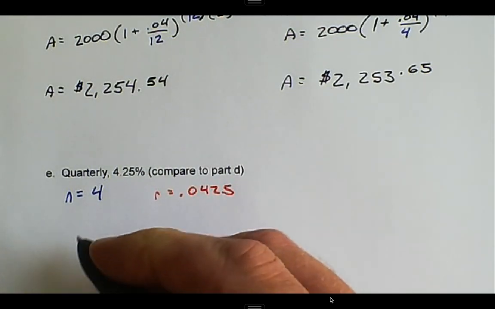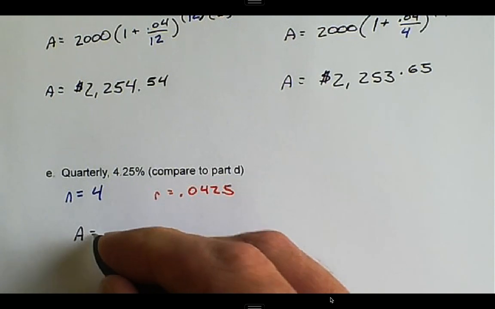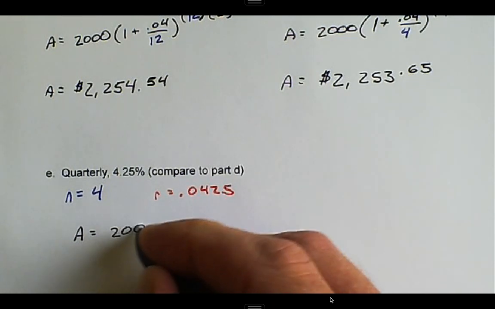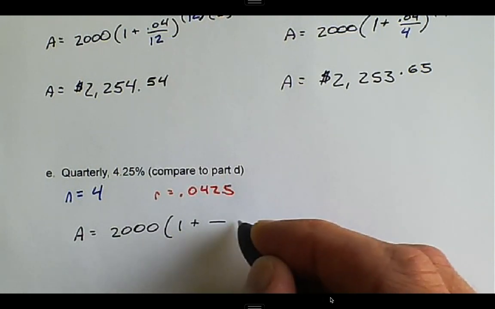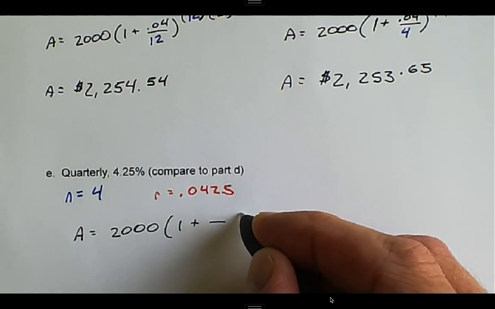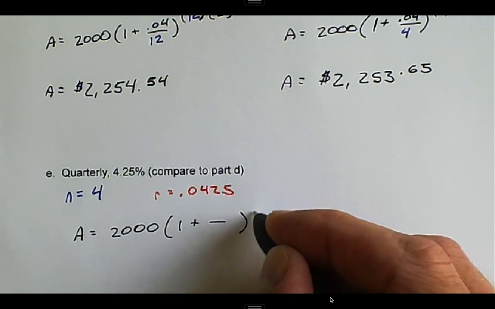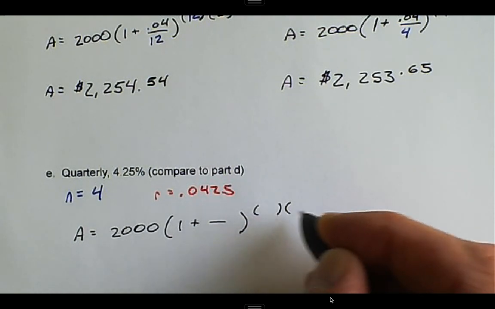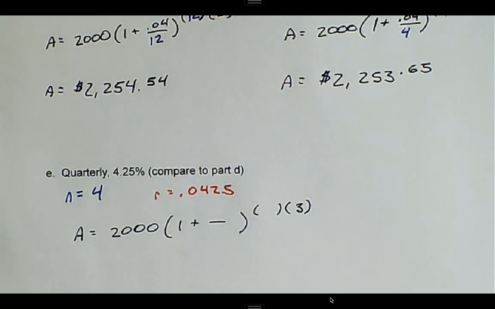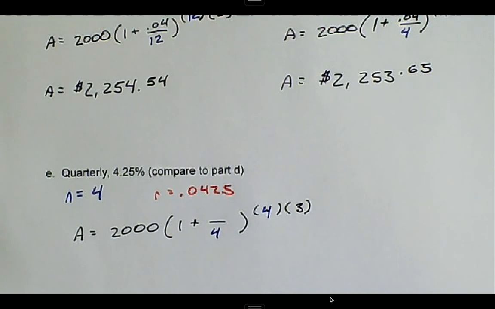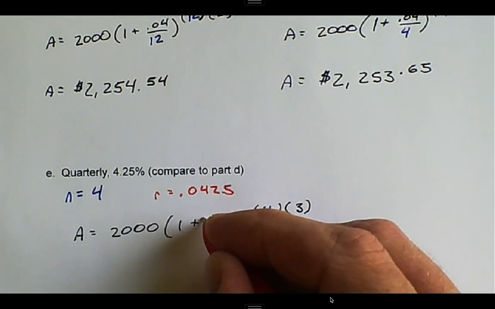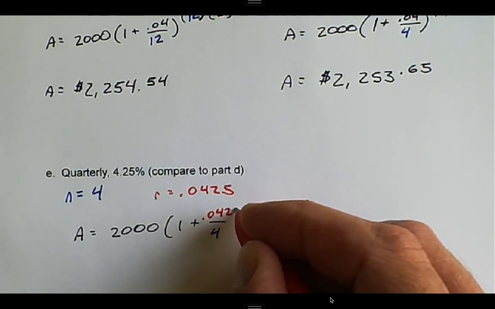So we can calculate A is equal to the principal, which is 2,000, times 1 plus our percentage as a decimal, 0.0425, divided by the compounding rate, 4, and we're still doing it for 3 years. It is compounded 4 times a year, so 4 goes in those 2 spots.